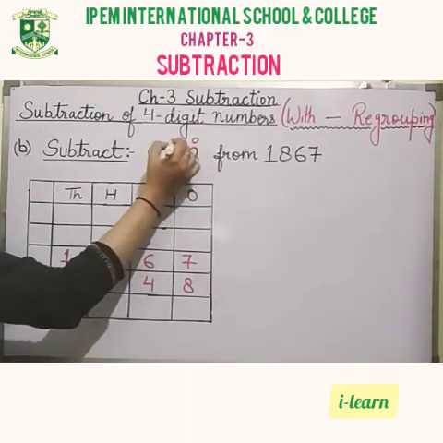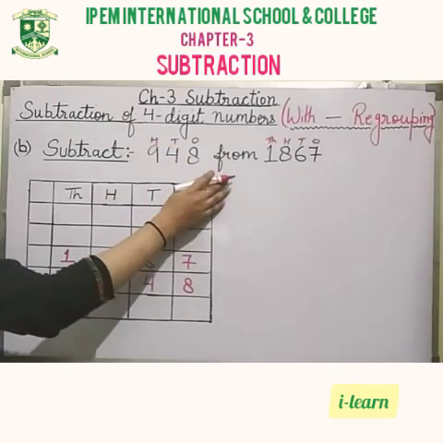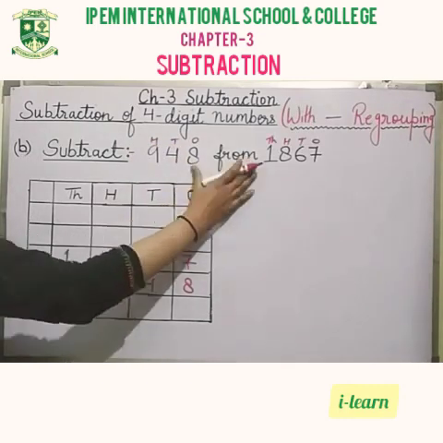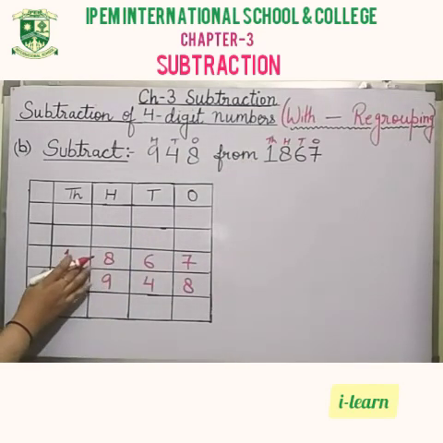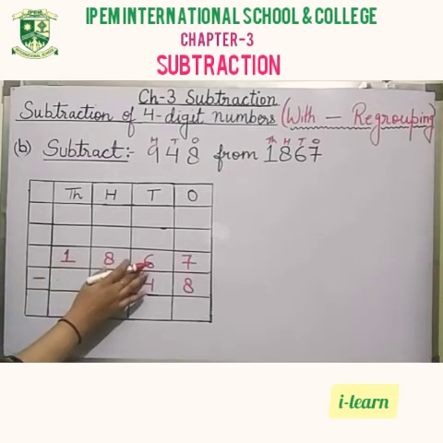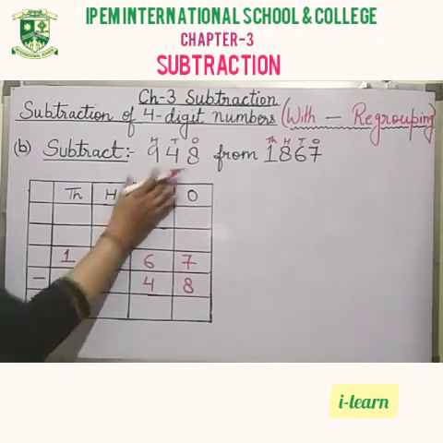So its place value is ones, tens, hundreds, and its place value is up to 1000. So as you know, we write bigger number first. So we will arrange 1867 first, and below this, how we will write this number?